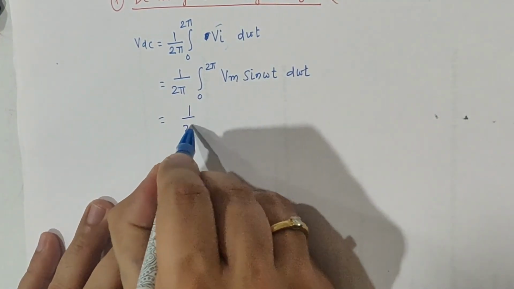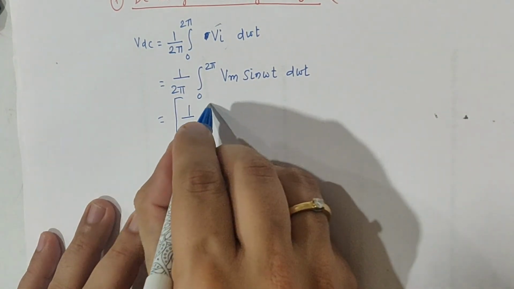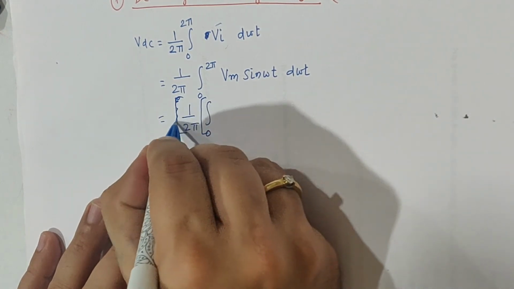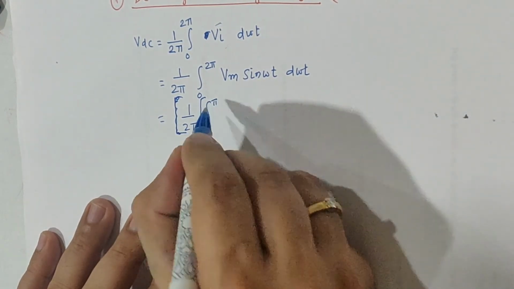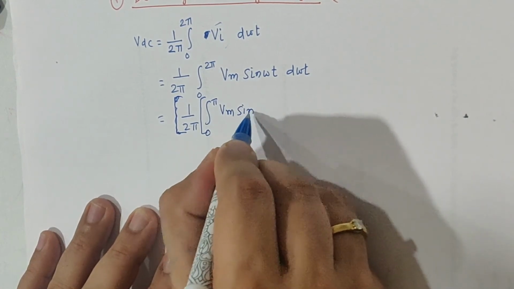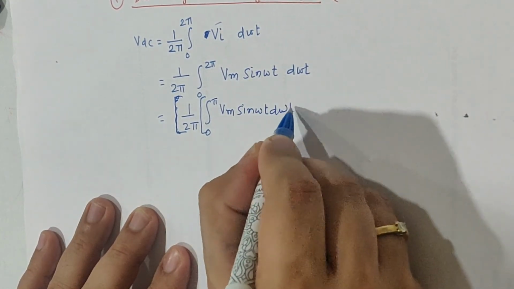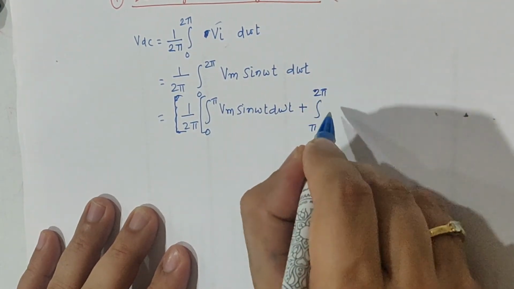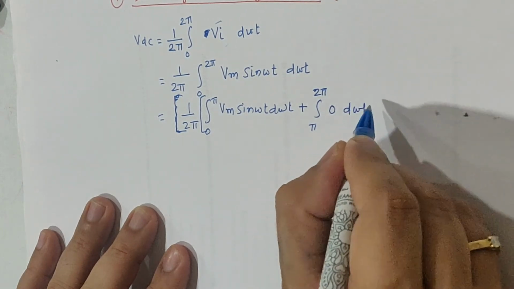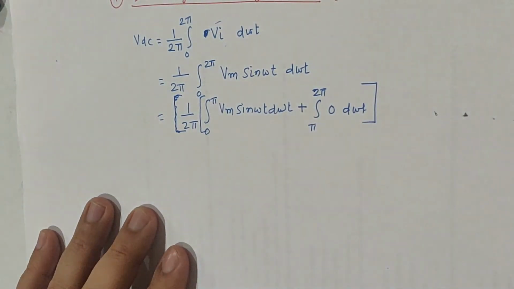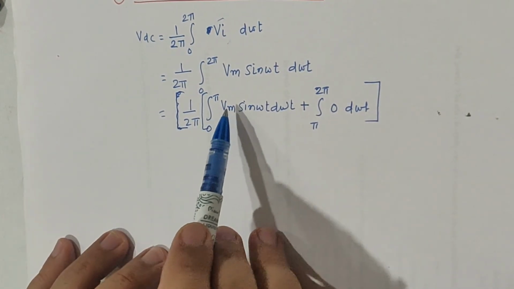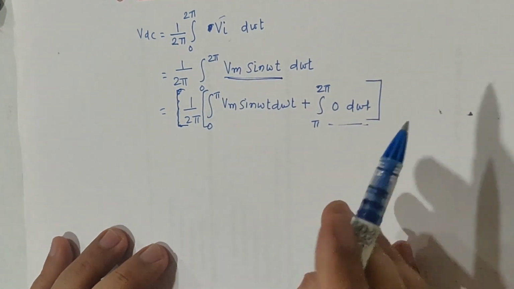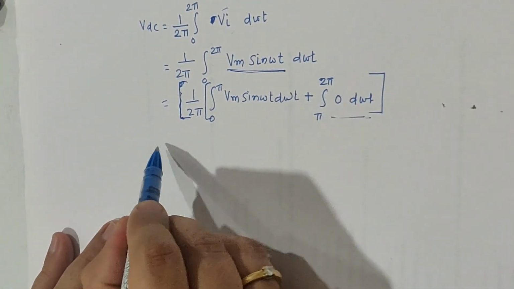Let us divide it into two parts: integration of 0 to pi of Vm sine omega t d omega t, plus pi to 2 pi of 0 d omega t. Only output that I am getting is for the period of 0 to pi. For pi to 2 pi it is 0, so it will be 0 only.